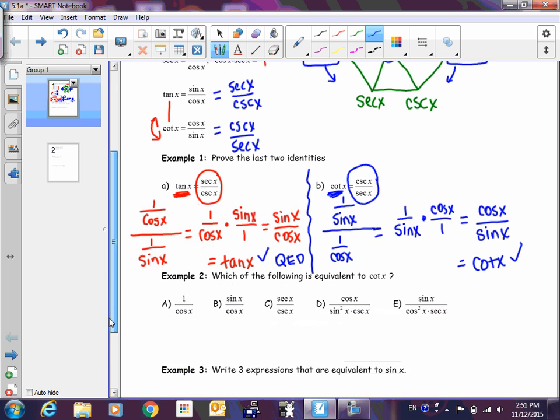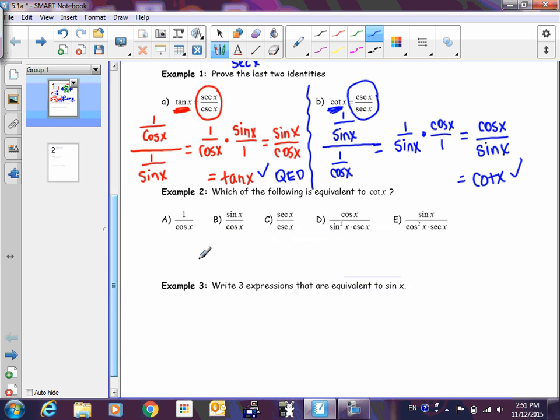All right. So let's do this example. It says, which of the following is equivalent to cotangent? So this is really not a proof, but can you see any of these that you know is not equivalent to cotangent? A. What is A equivalent to? Secant. A is secant x, therefore it is not the answer.